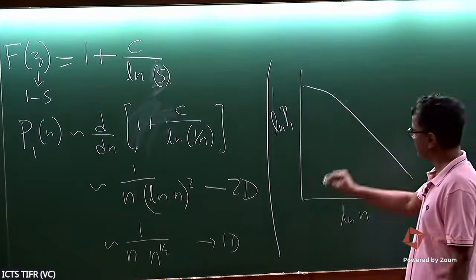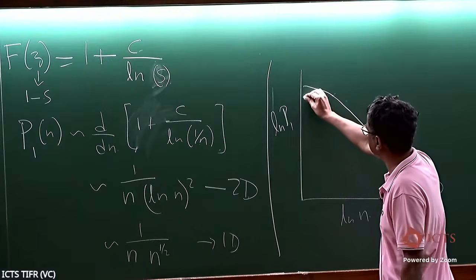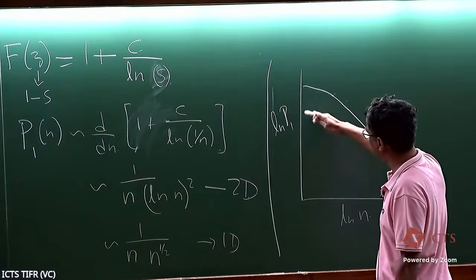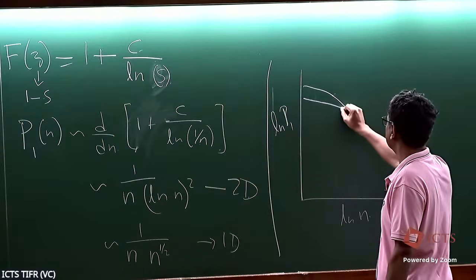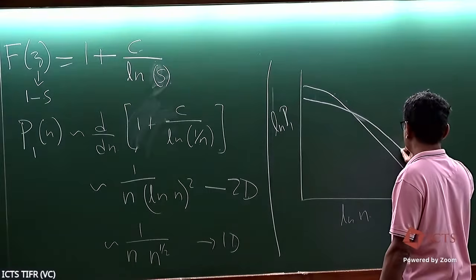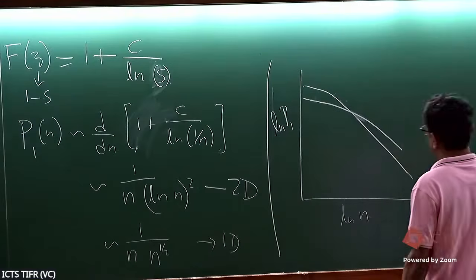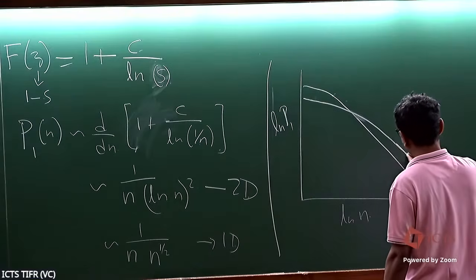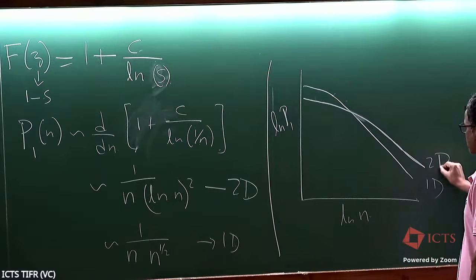Which means that this has to cross this curve. So for small n the 2D will be lower, and then it will have a slightly smaller slope. So this is 2D.